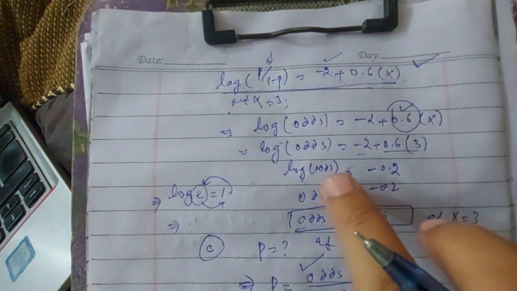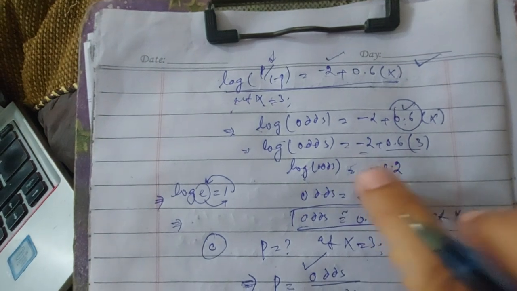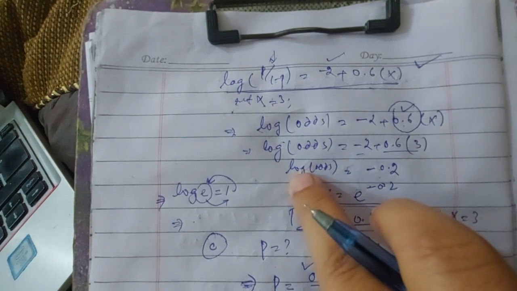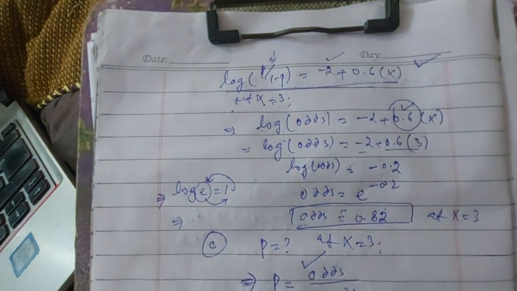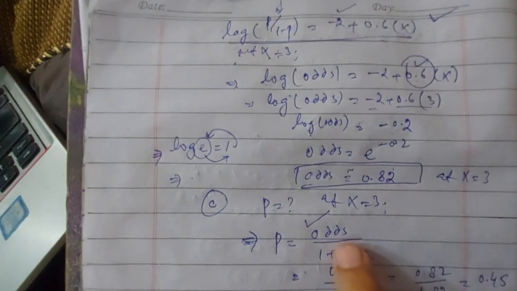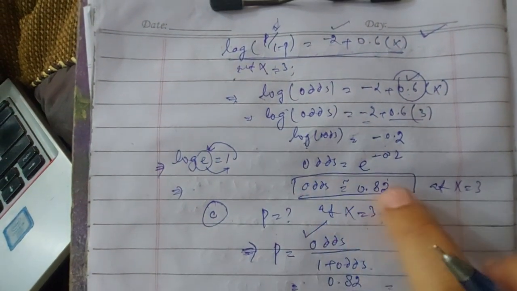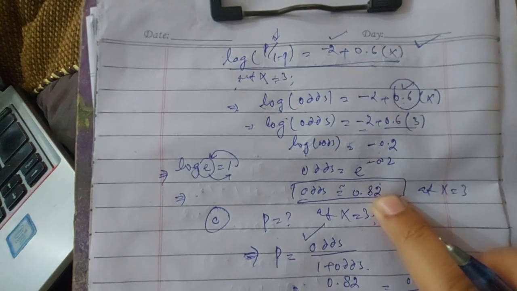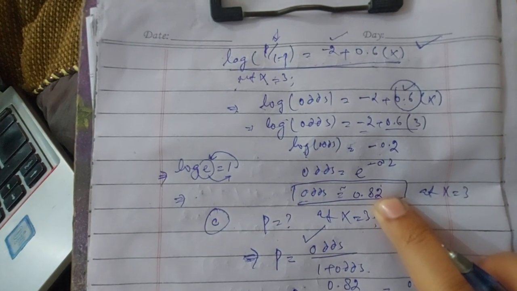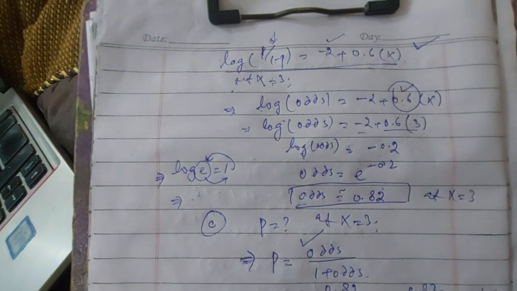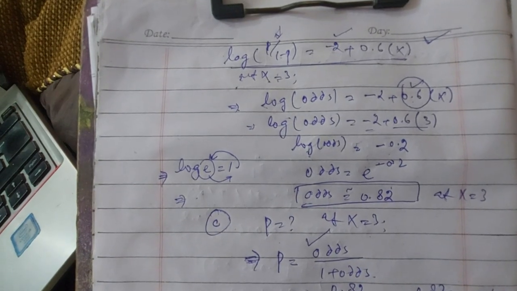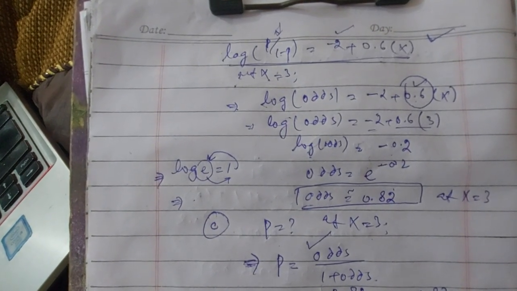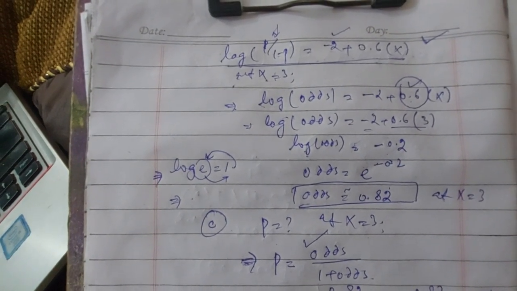Taking an exponent e will remove the log and give you only odds, and then the probability of success. Odds is the relative probability of success, the probability of success relative to failure. So it relates the probability of success with the probability of failure.